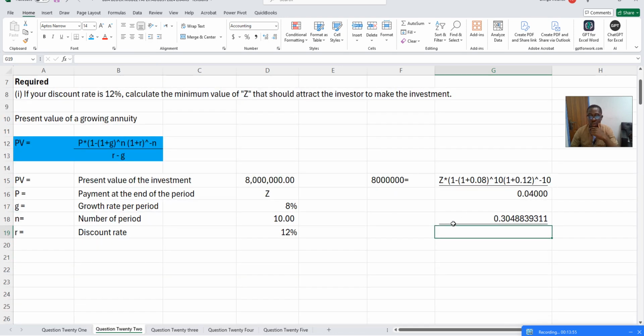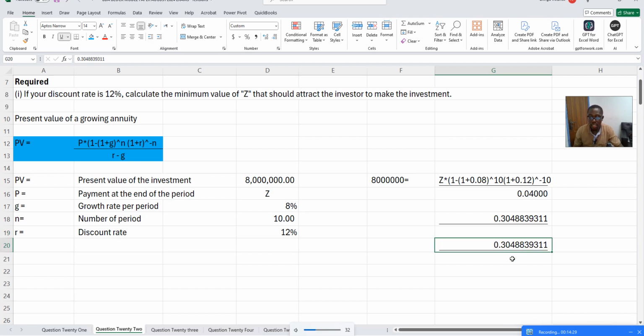So in this context, you can agree, it is as if we are saying now we have 0.3048839, this one divide by, these are what you're having, of course, that value that we have, we divide by, and now here, this value, we divide by 0.04, whatever that you determine here.